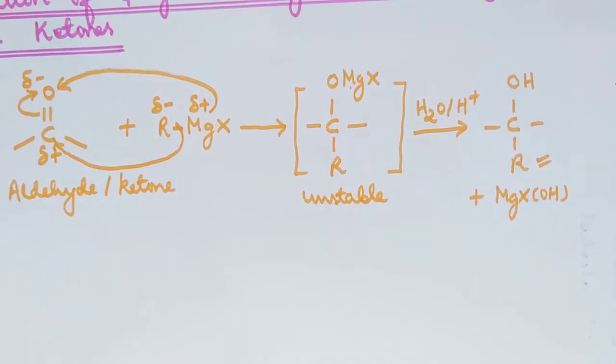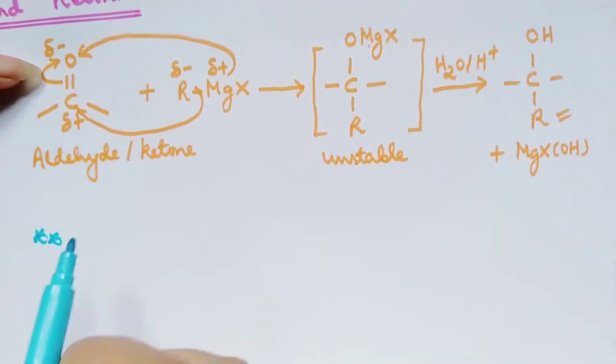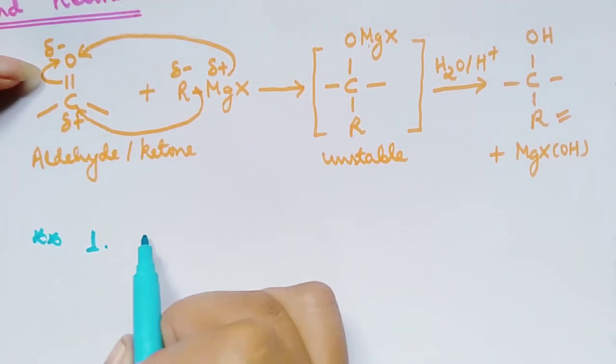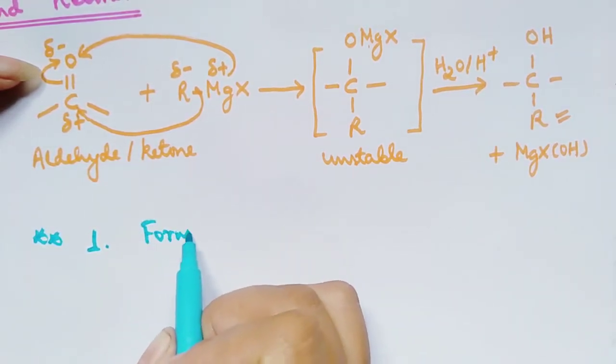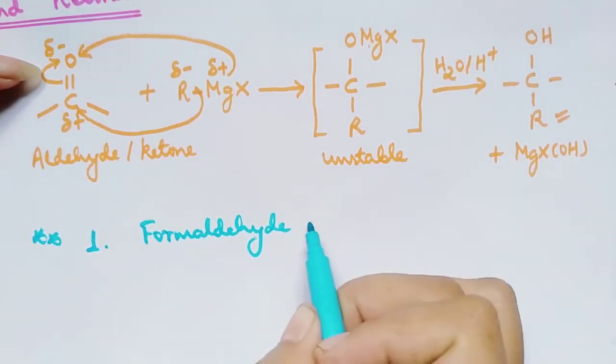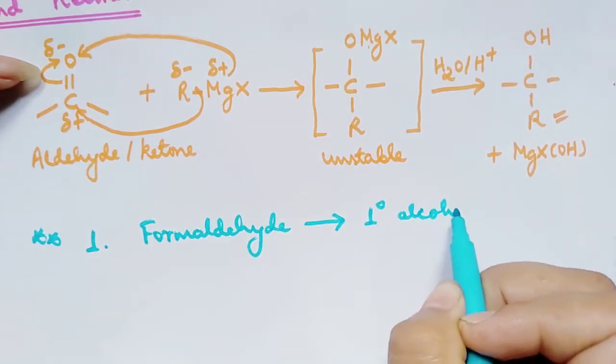Now we come to the most important part. You have to remember these. The first one: if you use formaldehyde and treat it with a Grignard reagent, you will get a primary alcohol. Remember that.